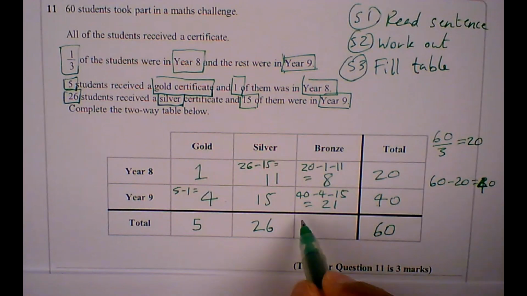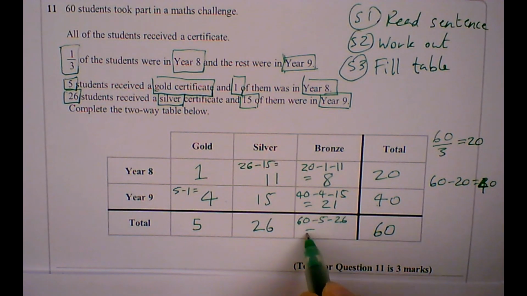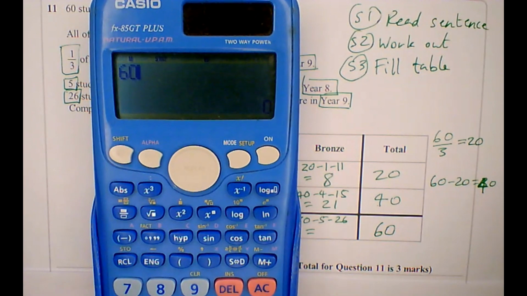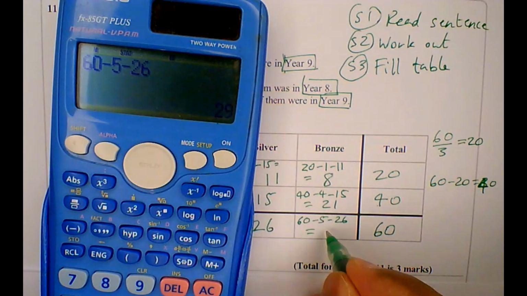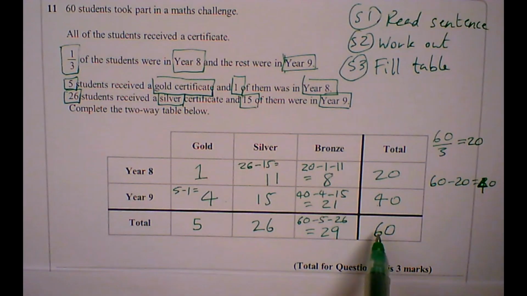And the last one is 60 take away 5, take away 26. That gives me 29. Now you may decide to add these and then take it away from 60.